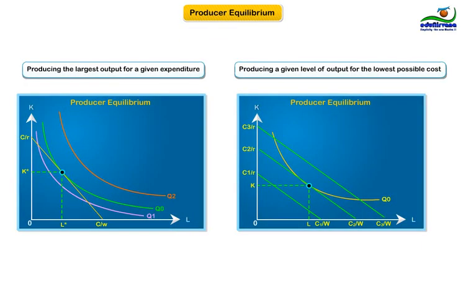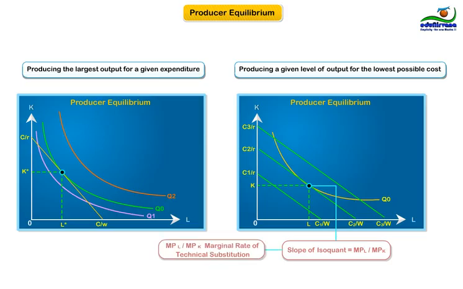Recall from our earlier discussion that the slope of the isoquant at any point is equal to the negative of the ratio of the marginal product of L, MPL, to the marginal product of K, MPK, at that point. Recall also that the absolute value of this ratio is called the marginal rate of technical substitution.